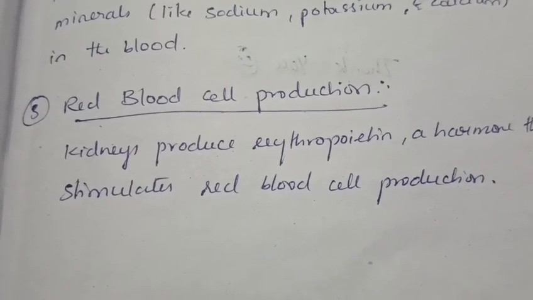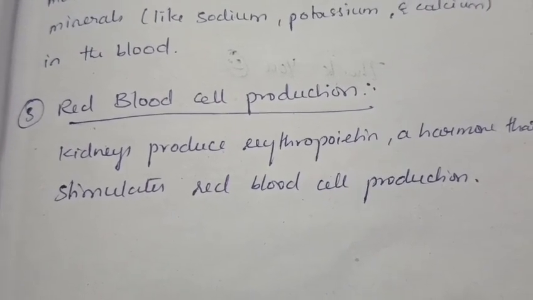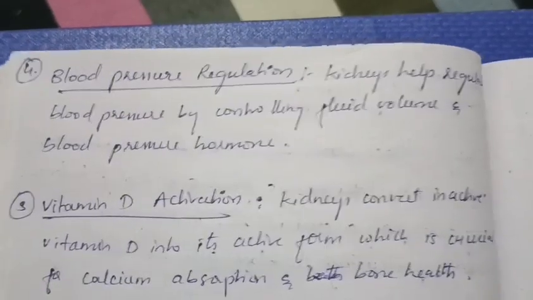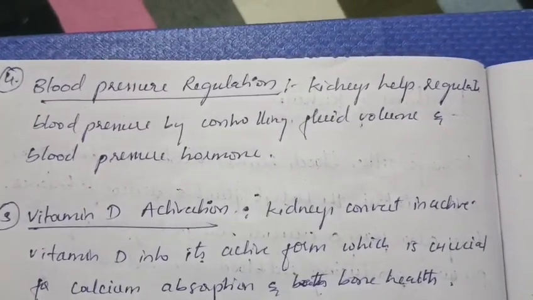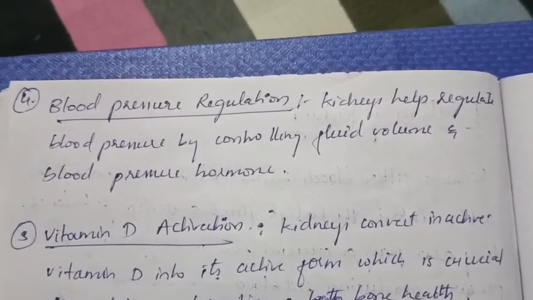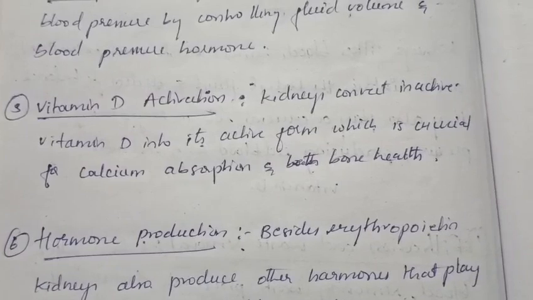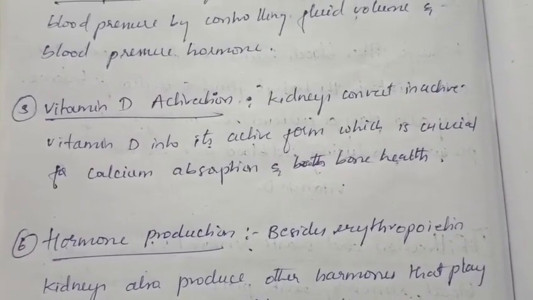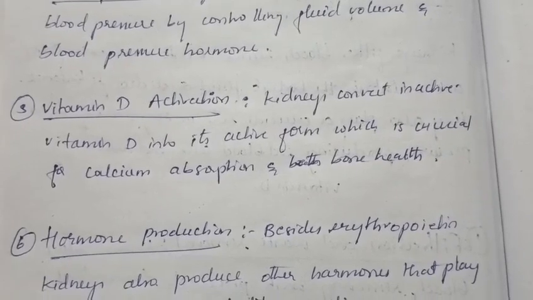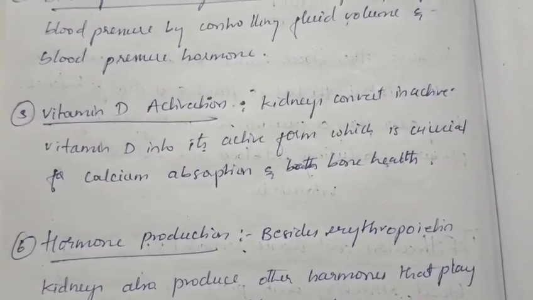Red blood cell production. Kidneys produce erythropoietin, a hormone that stimulates red blood cell production. Blood pressure regulation: kidneys help regulate blood pressure by controlling fluid volume and blood pressure hormones. Vitamin D activation: kidneys convert inactive vitamin D into its active form, which is crucial for calcium absorption and bone health.